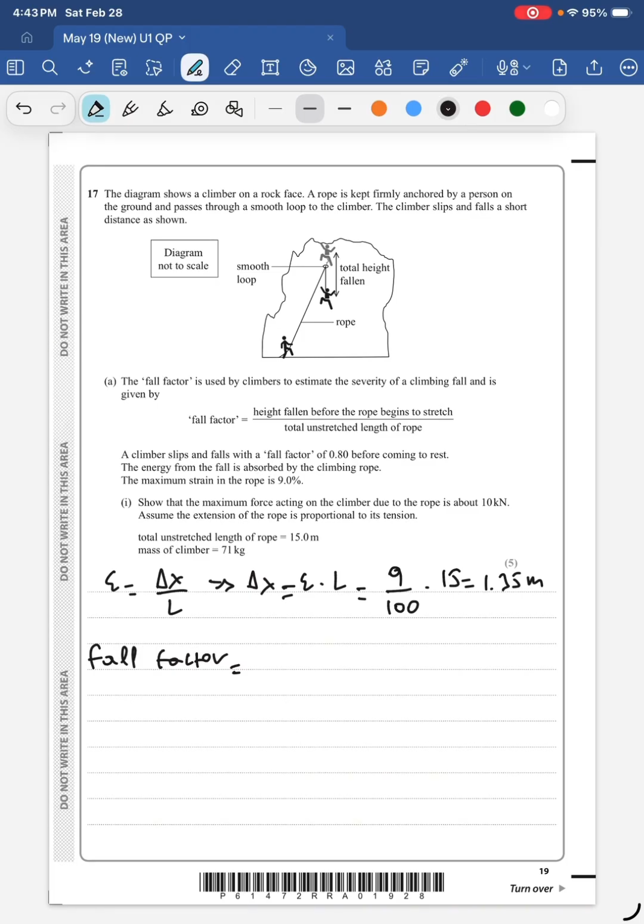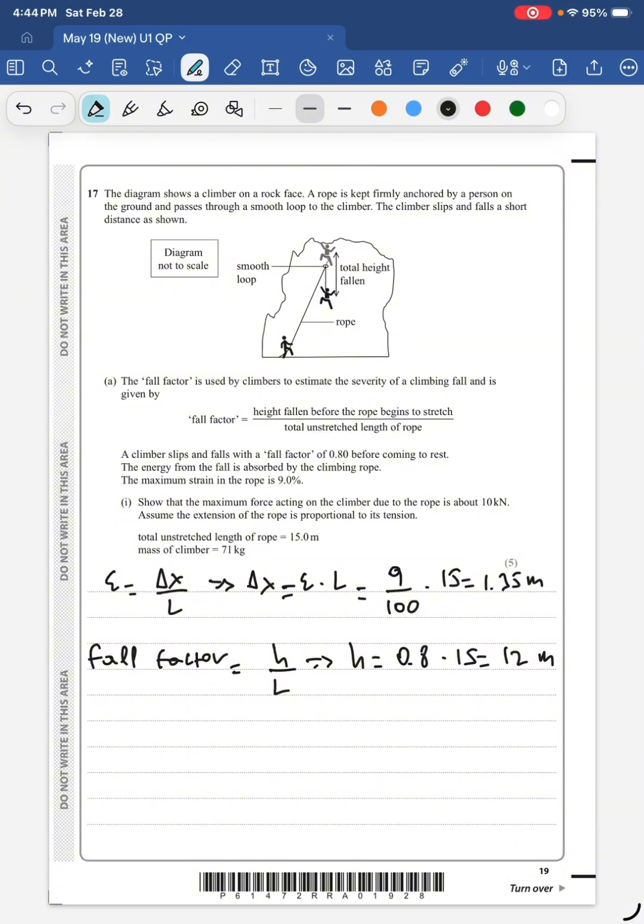The fall factor is equal to the height fallen, h, which you don't know, over the unstretched length L. So the height fallen is 0.8, the fall factor given, times the length, 15, so 12 meters. Now we have two pieces of information.